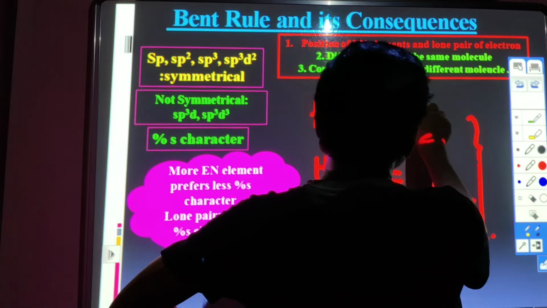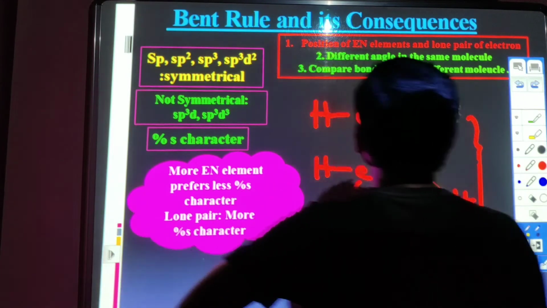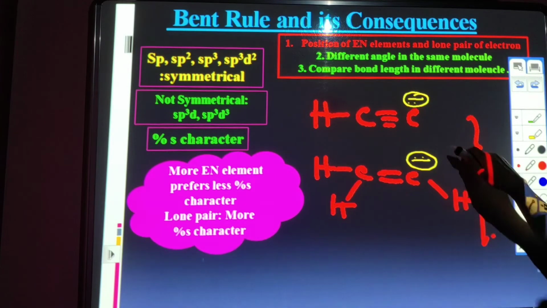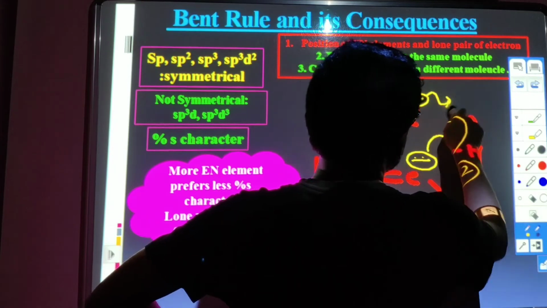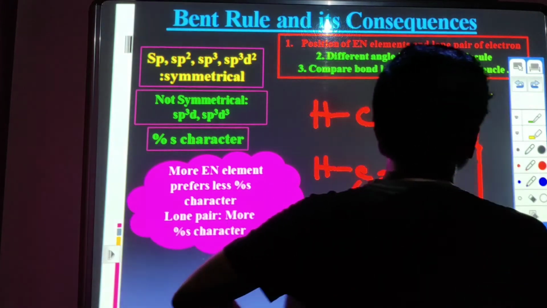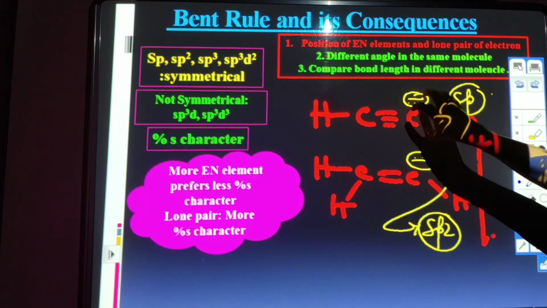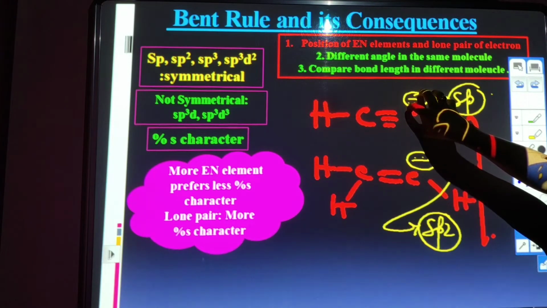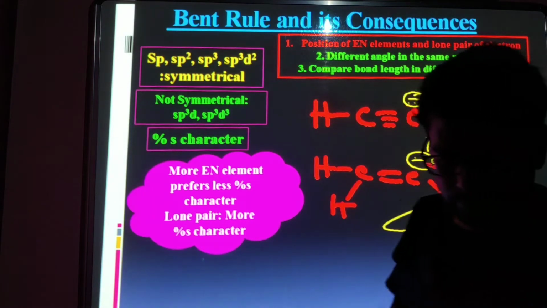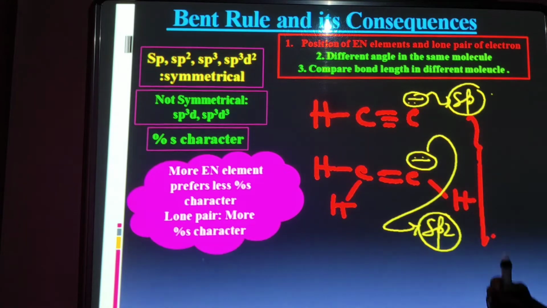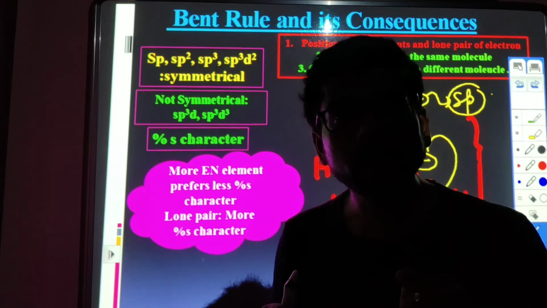The negative charge will be in an sp hybridized orbital here, and here it will be in an sp2 hybridized orbital. This is the sp2 hybridized orbital electron pair. This is the sp hybridized orbital electron pair. You know, it is closer to the nucleus. This conjugate base is more stable compared to this one. That's why the lone pair will try to be in a hybridized orbital where the percentage of s character will be more.